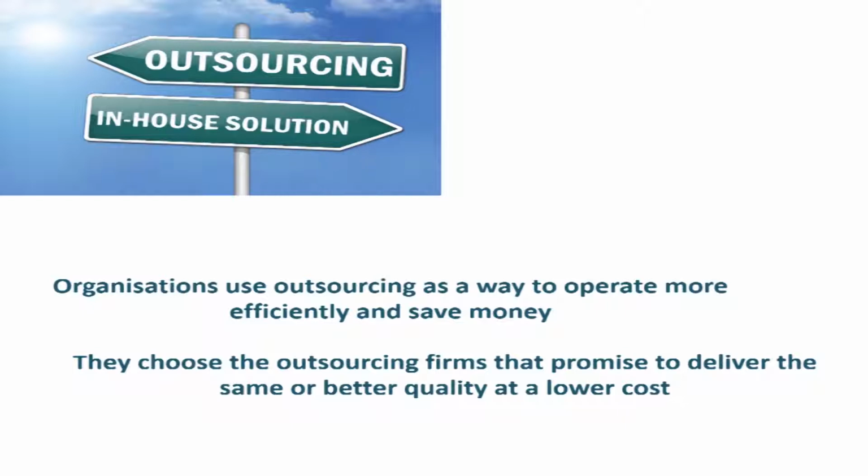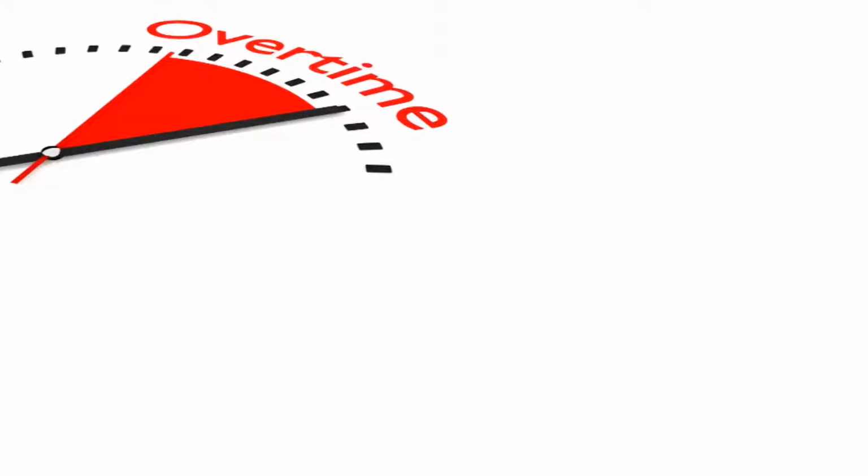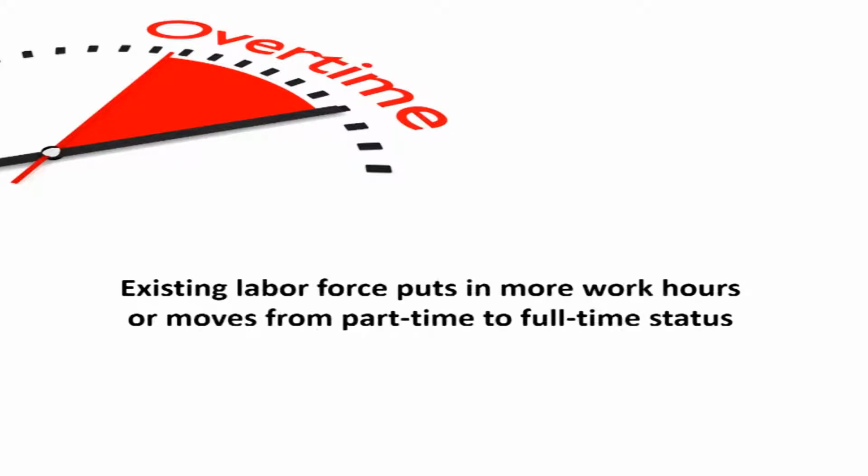When organizations facing a labor shortage are reluctant to hire employees, even temporary workers, or to commit to an outsourcing arrangement, then they may try to garner more hours from the existing labor force, asking them to go from part-time to full-time status or to work overtime. This option is most suited for short-term labor shortages.